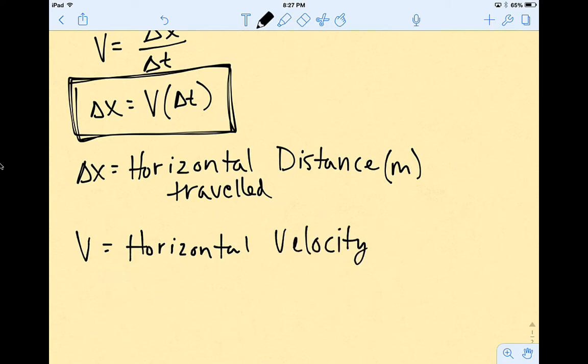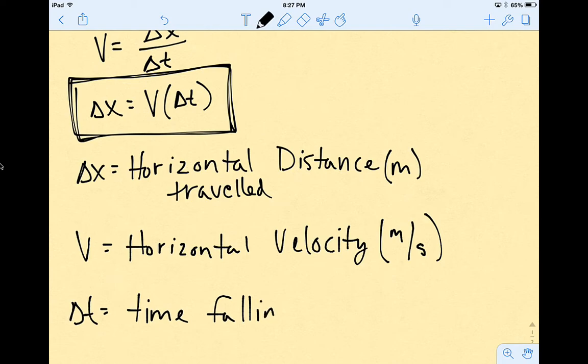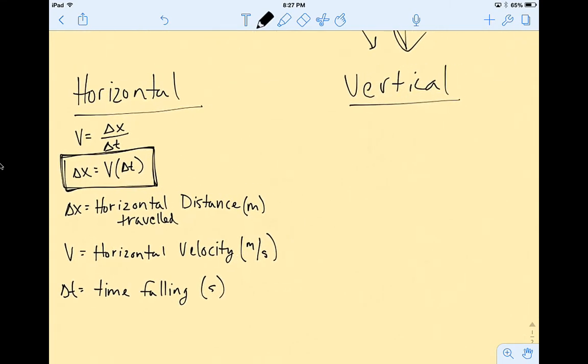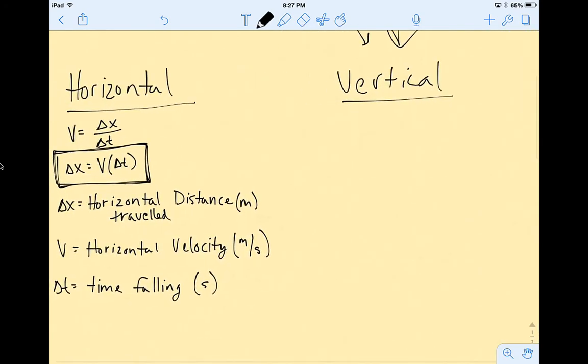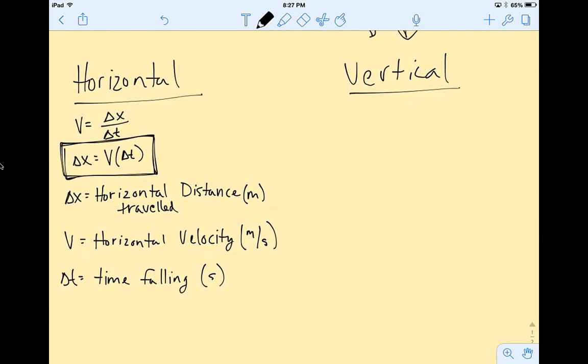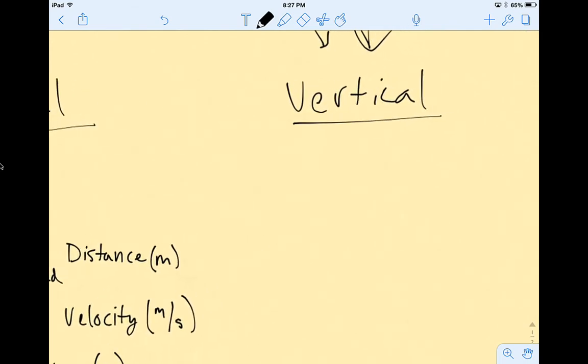Now notice there's no VI or VF here because the velocity is constant. It always stays the same. That's going to be in meters per second. And then delta t is time falling, and that's going to be in seconds. So there you go. You've got all your horizontal. Take a second to write that down.